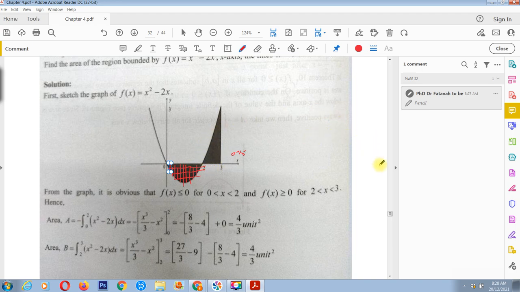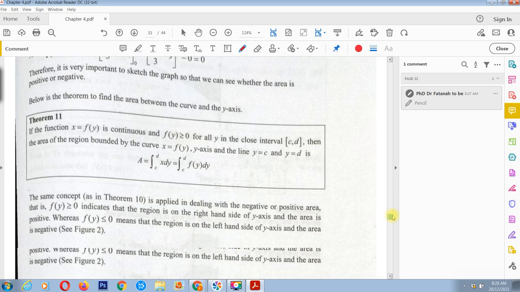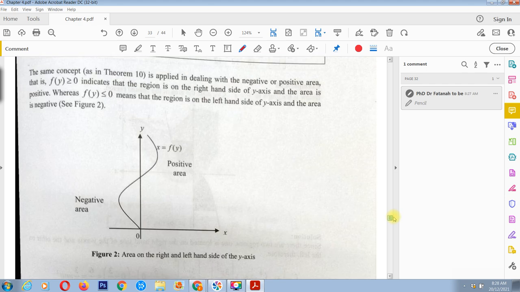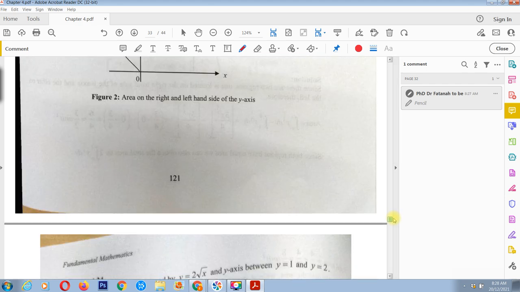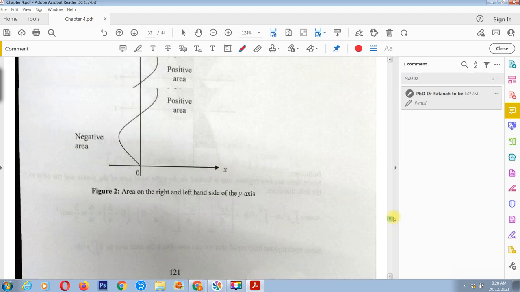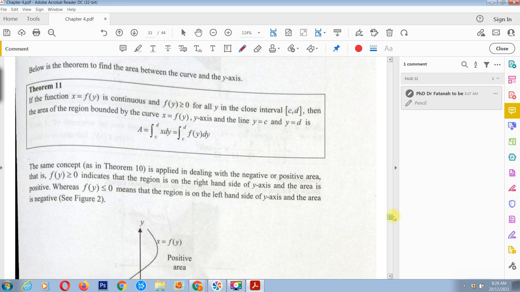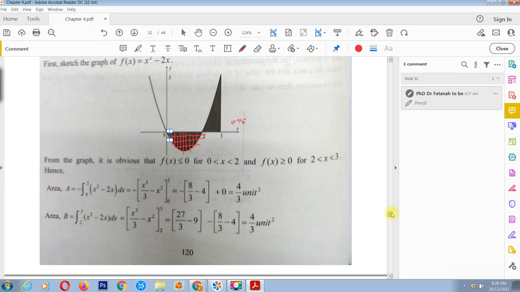We can calculate it by using differentiation and integration functions. It's much easier. That's why if we construct a program to find the area, it is easier instead of having to count every square here.